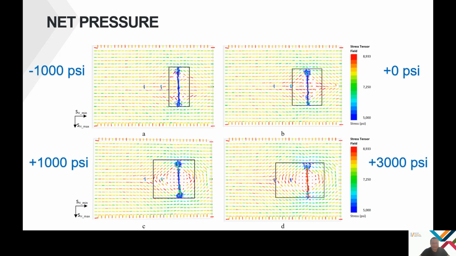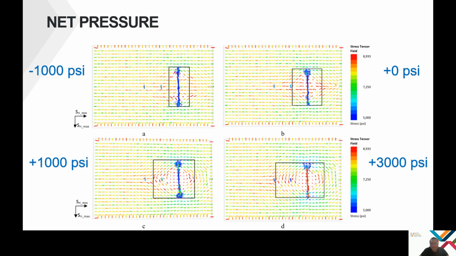this net pressure, let's say the pressure inside the fracture is less than the minimum stress after the propagation. So this is what the stress shadow looks like, the black box. When we get 0, the box becomes like this. When we increase the pressure inside the fracture, it pushes the formation and also changes the stress around the fracture.